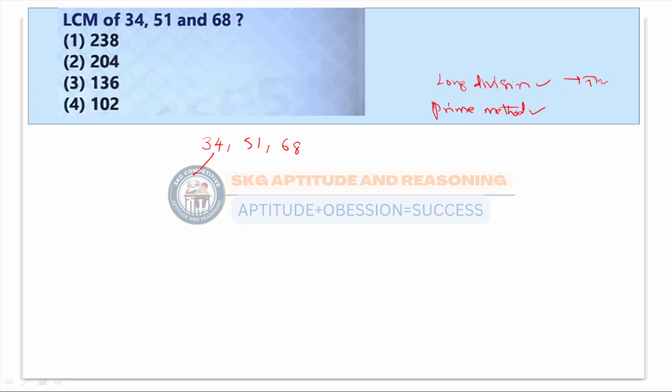In this method, we need to write the given numbers as prime factors. 34 can be written as 2 into 17, 51 as 3 into 17, and next is 68, but 4 is not a prime number, so I am converting this 4 as 2 square, giving 2 square into 17.